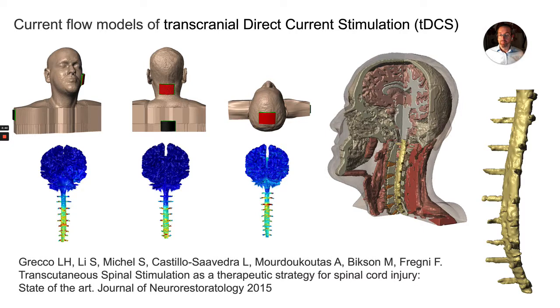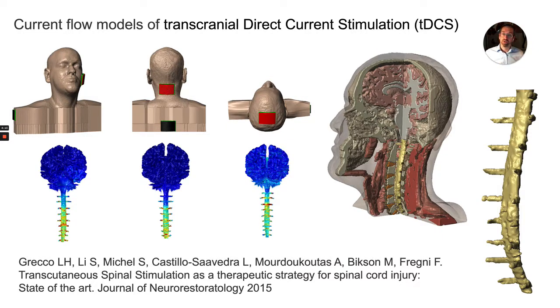And the approach that my group has taken and others to transcranial spinal direct current stimulation really derives from our work with transcranial direct current stimulation, where the emphasis is on developing models that capture the right kind of details, the right kind of precision. So that means representing the most important tissues and assigning them the correct properties. And in the case of transcranial direct current stimulation, we focused on the cranium, on the cortex.